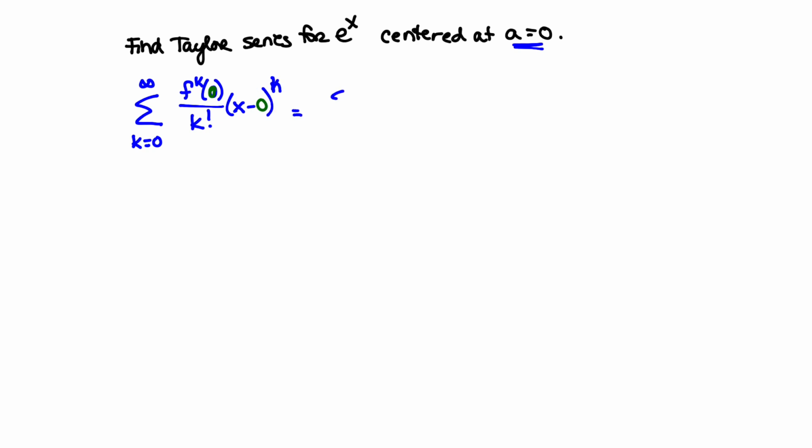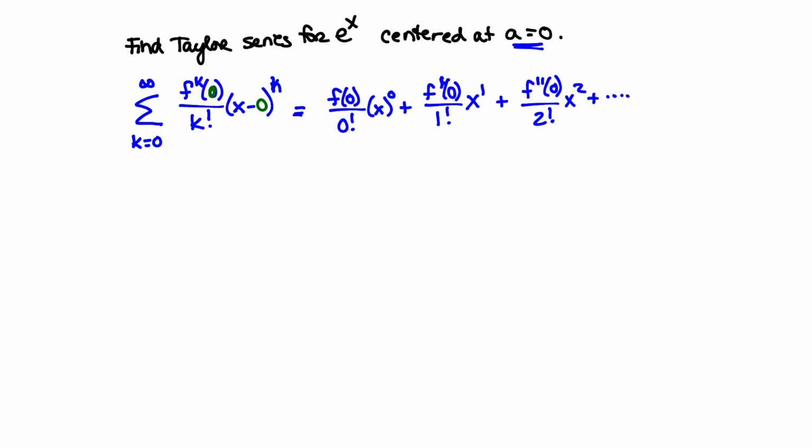Or in other words, that's f of 0 over 0 factorial times x to the 0, plus f prime of 0 over 1 factorial times x to the first, plus f double prime of 0 over 2 factorial times x squared, plus dot dot dot.